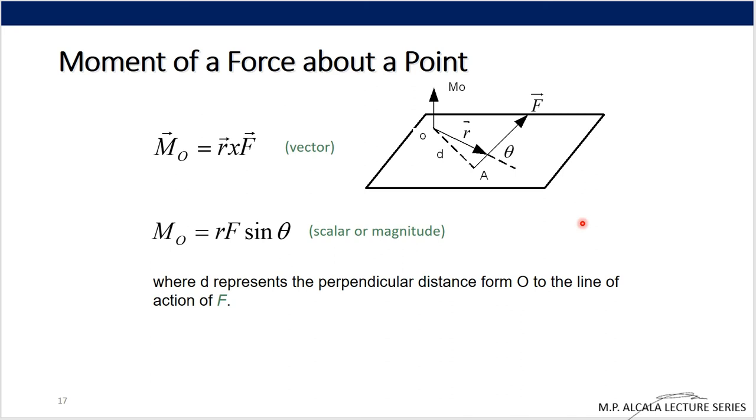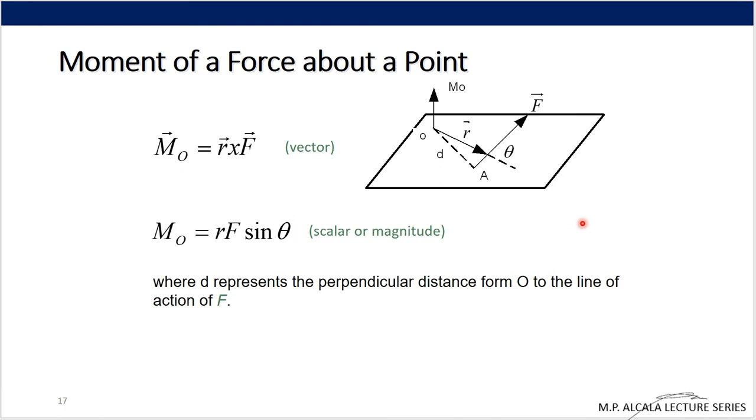That means that the moment is a vector. Now we are introducing a new concept, so you need to understand this properly. The magnitude of M is simply rF sine theta, where theta is the angle of inclusion of r and F.